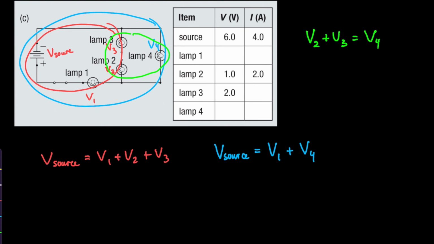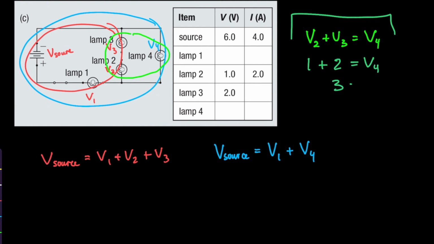So let's see which ones we're going to be using to fill in our table. So we have the source is 6. So from these 3 equations, now we can work with them to find the missing parts. So notice that we were given the voltage at lamp 2 and lamp 3. So we could use this part of the equation. We have the voltage at 2, which is 1, and the voltage at 3 is 2.